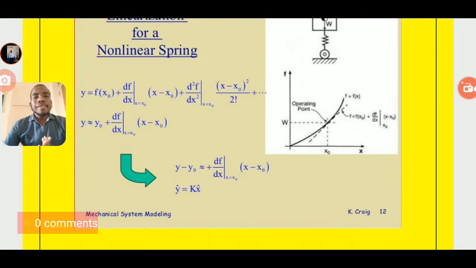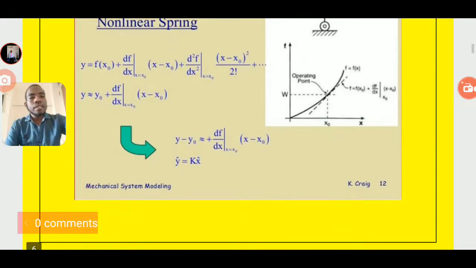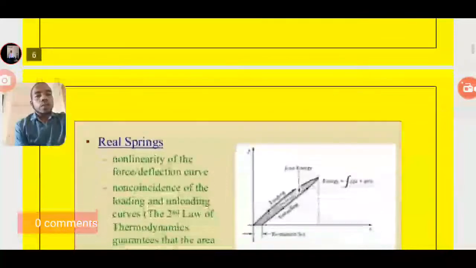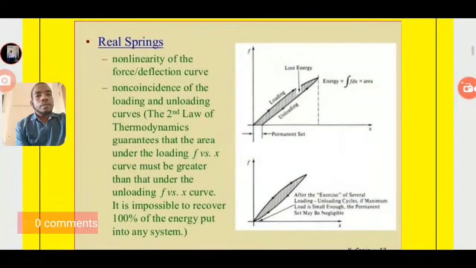So we can say that y is equal to y naught plus df by dx at x is equal to x naught into x minus x naught. So y minus y naught is equal to df by dx at x is equal to x naught into x minus x naught. So y cap is equal to k x cap. Like this we can do.